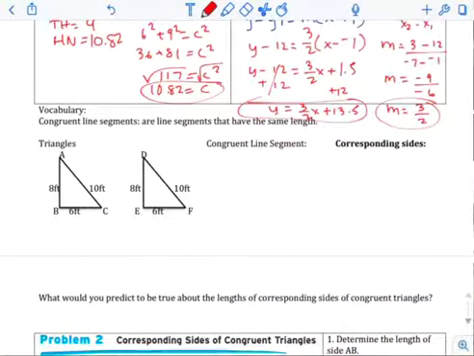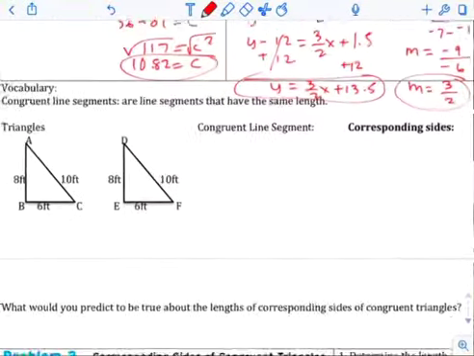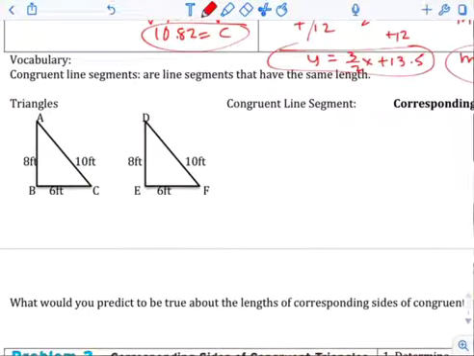Okay, so congruent line segments. AB is congruent to BD, BE. They're both 8. Congruent, you always have to have that symbol there.